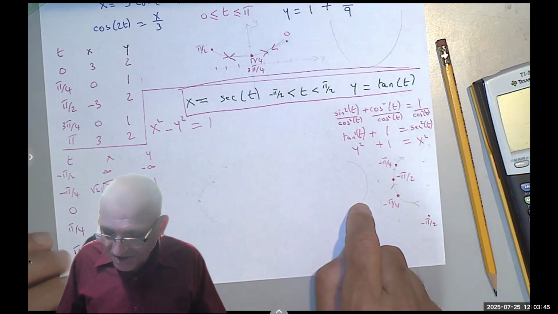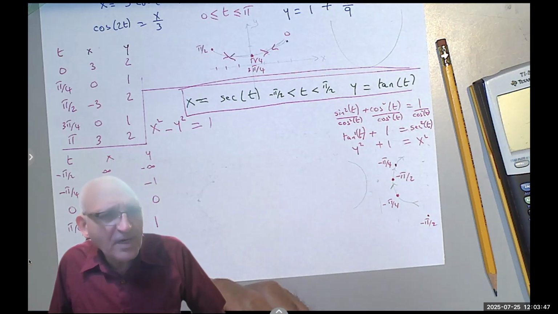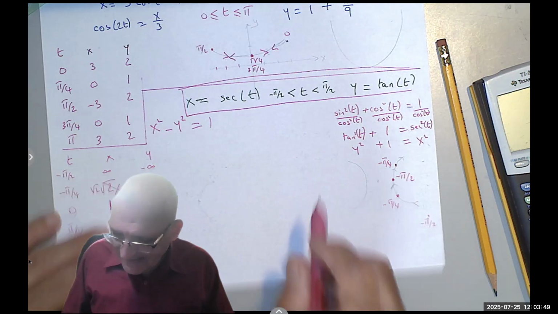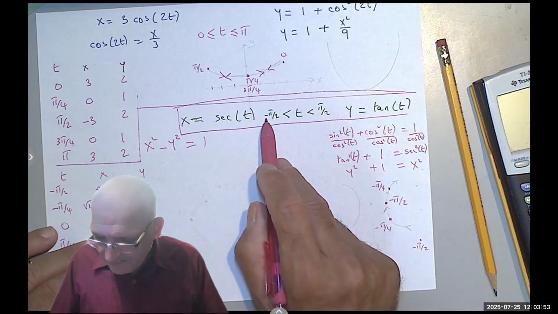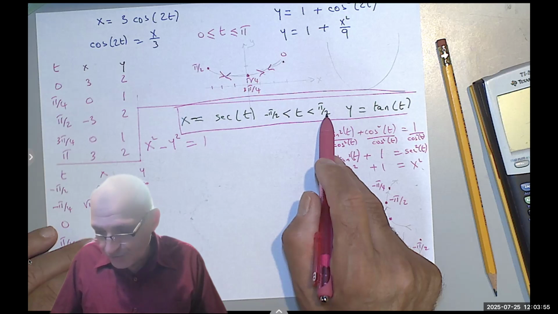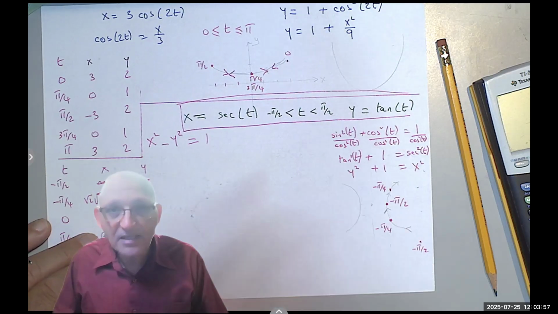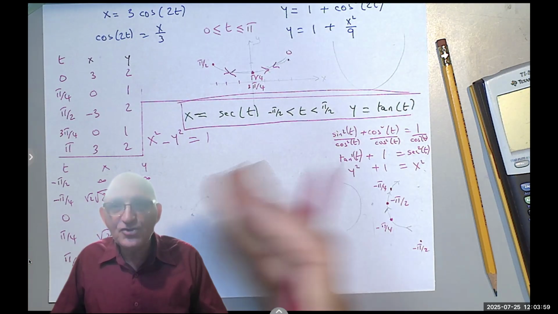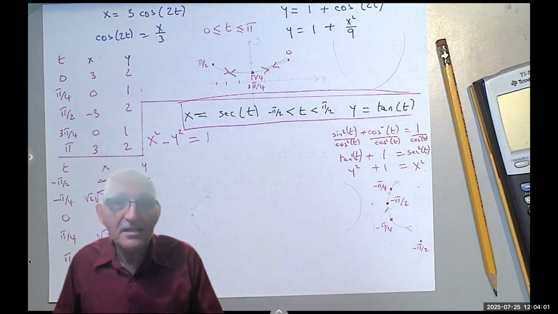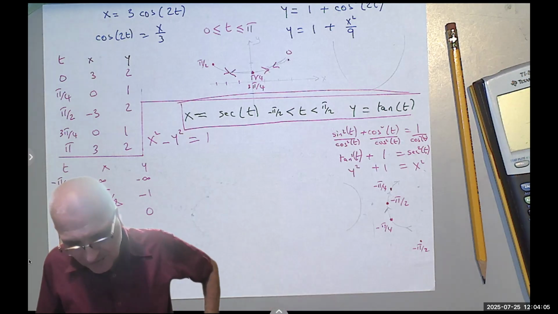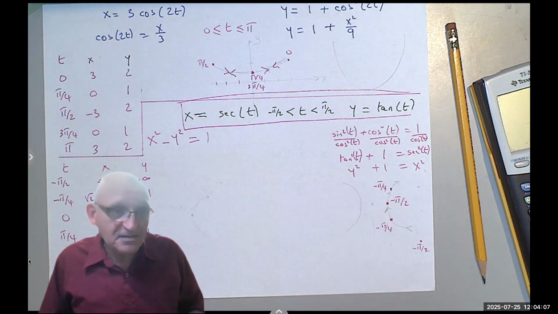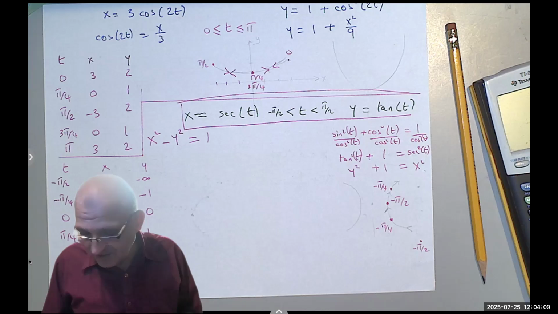The left branch, maybe from 0 to pi, we don't know. So if t is from negative pi over 2 to pi over 2, say, or pi over 2 to 2 pi, meaning what if you continue? We haven't done that here, but maybe you can try.